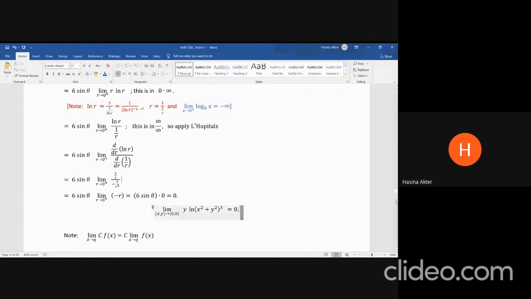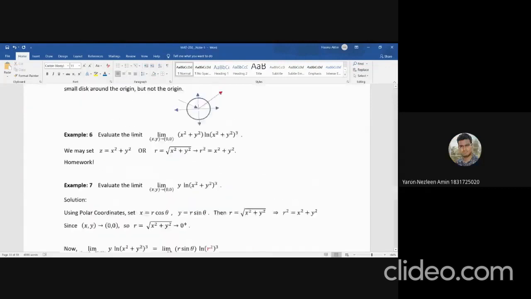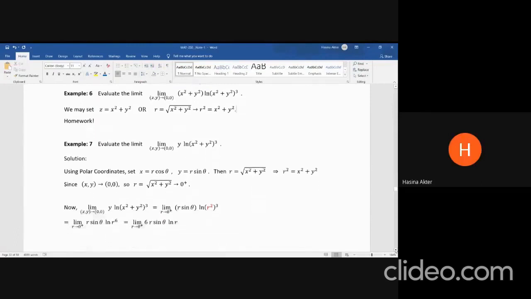Do you have question on number 7, class? Miss, the limit we found here had multiple variables, right? And the limit we take in 120 had just one variable, isn't it? Yep. That is the reason, using polar coordinates, you convert it into a function of single variable.